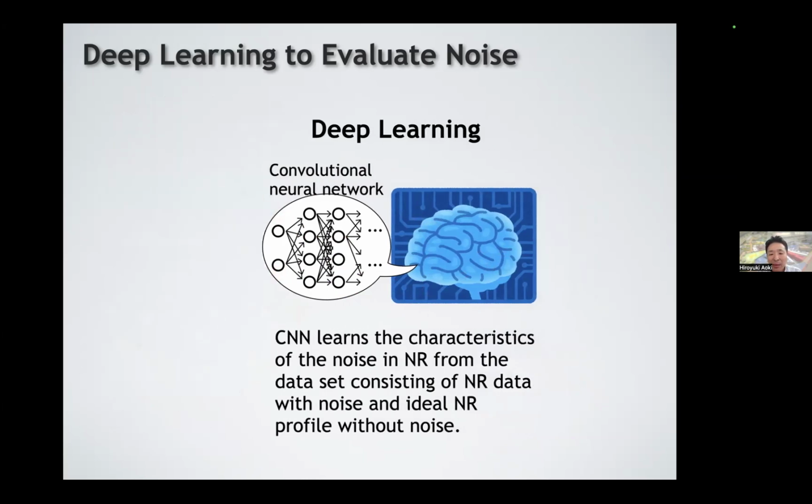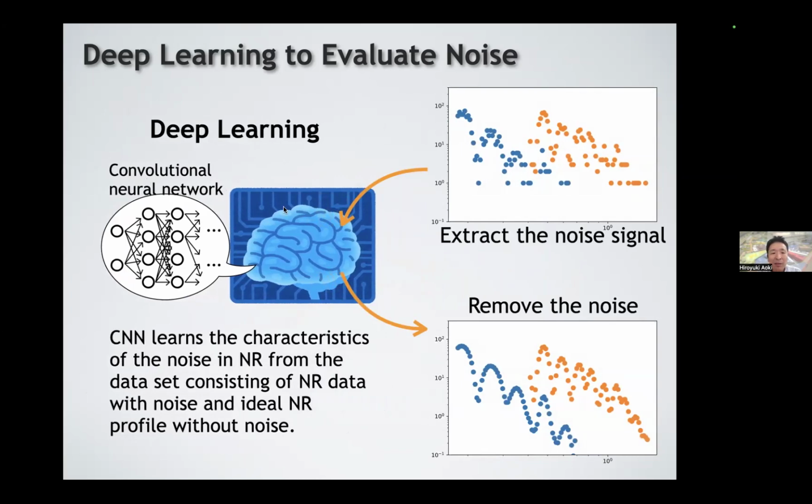Then, based on the learning results, from the noisy data we remove only the noise component from these experimental data to predict the true reflection profile like this.